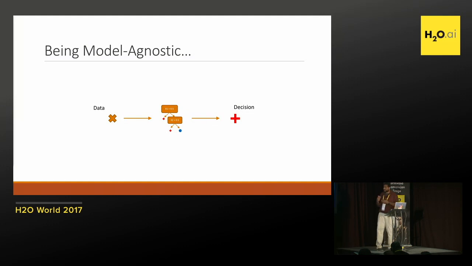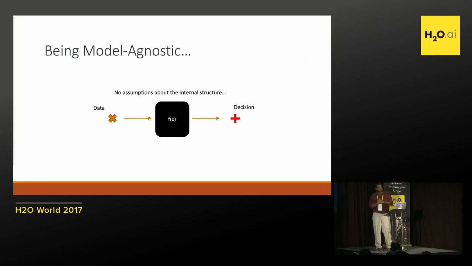So the idea here is you're given a data point, and you have some machine learning model that makes a prediction or makes some decision for that data point. What we're going to do is we're not going to make any assumptions about the actual algorithm. Basically, instead of looking at what the structure is, we're going to just forget about it and treat it like a black box. Right?